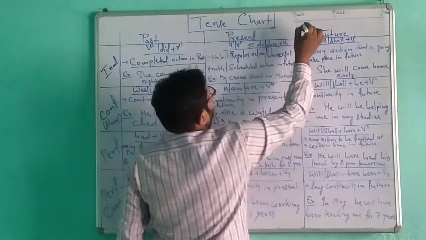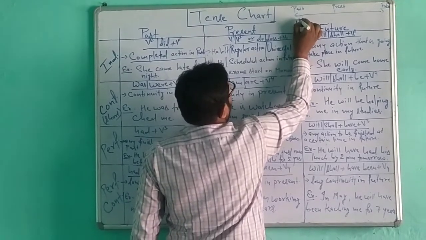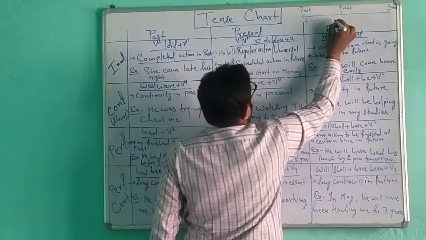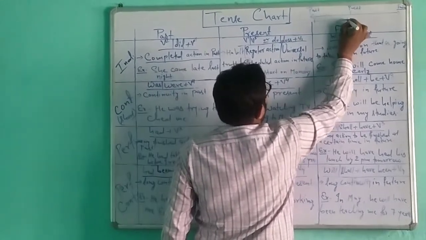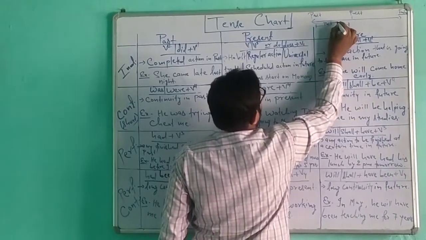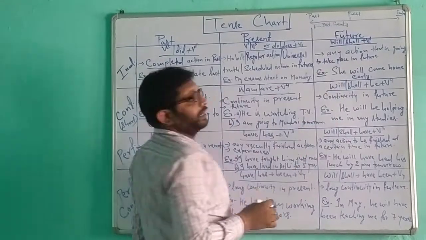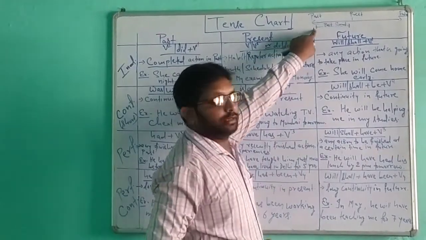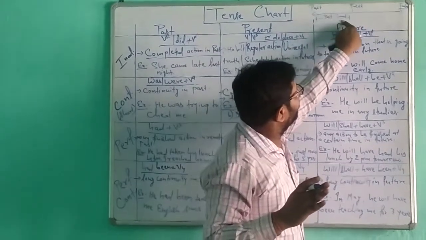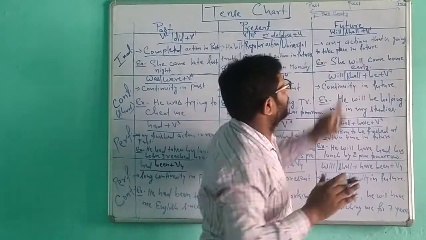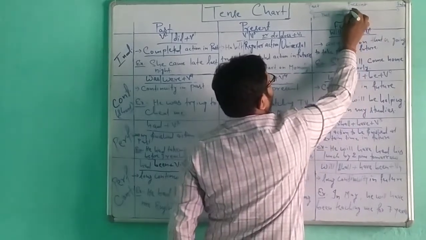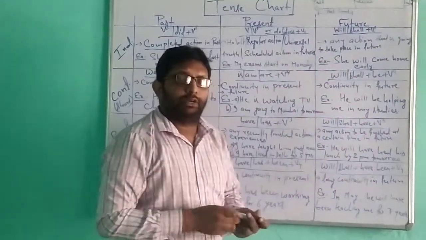So if you talk about any action that started in past and continued, but stopped here, then this is past perfect continuous. An action started here and remained continued, but before reaching present, it completed.